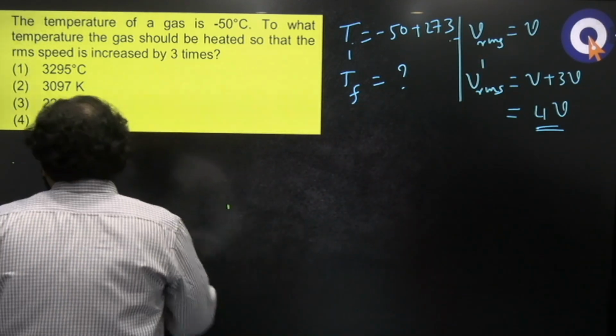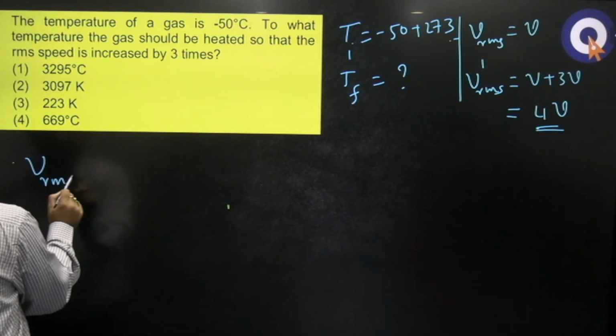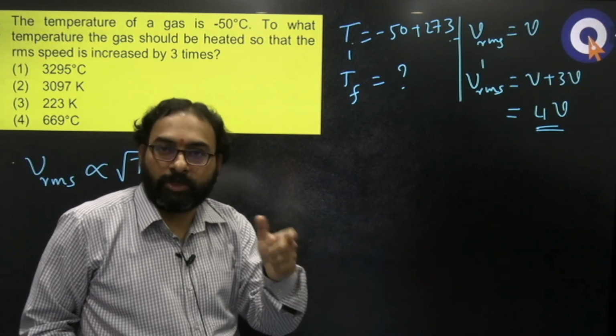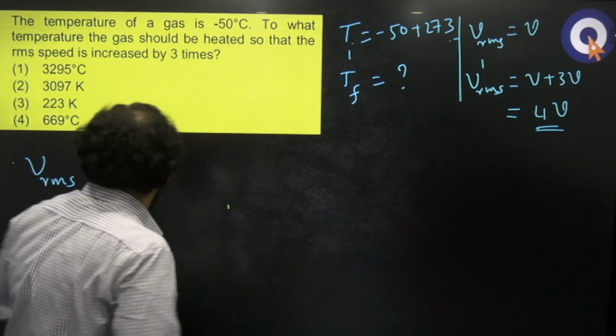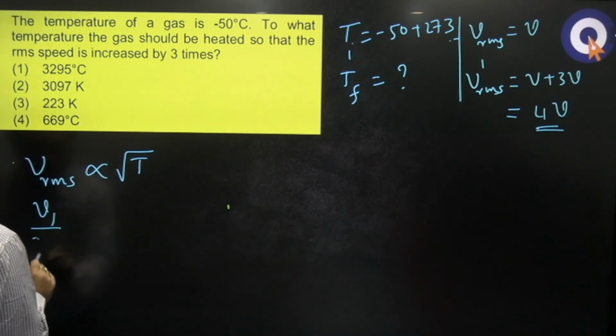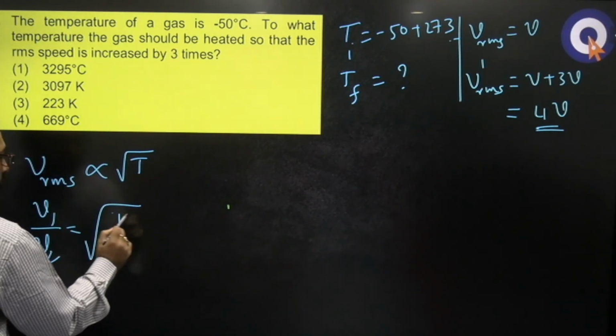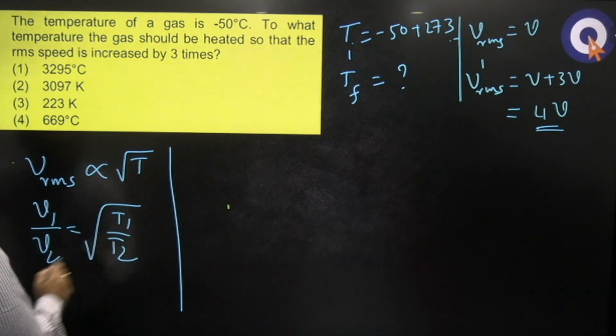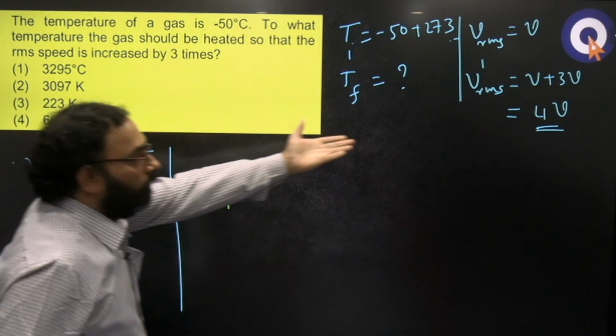Now we know that RMS speed or RMS velocity is proportional to square root of Kelvin scale of temperature, square root of absolute scale of temperature. That is V1 by V2 equal to root of T1 by T2, and you can calculate. So V1 is first one V, V2 here 4V.